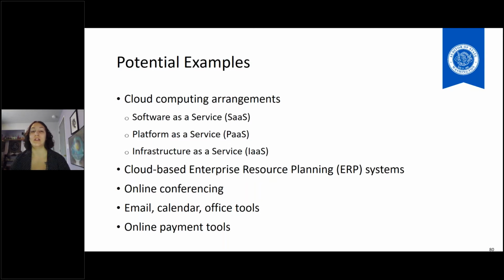If you have any cloud-based accounting software, take a look at your online conferencing tools. That would be things like Microsoft Teams or Zoom or Skype. Potentially even your email, calendar, and office tools like Microsoft Office 365. And then if you have any online payment tools, like you're accepting payments from customers.